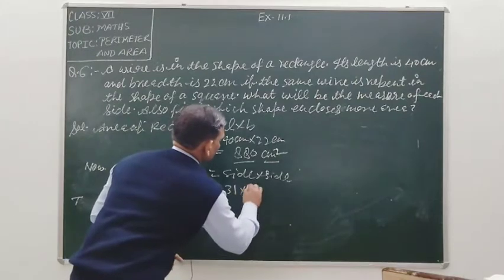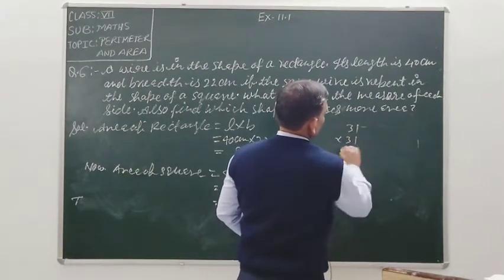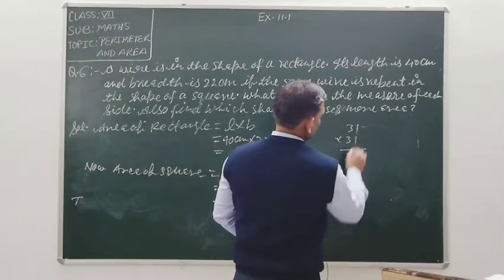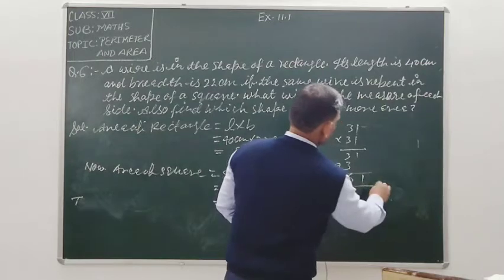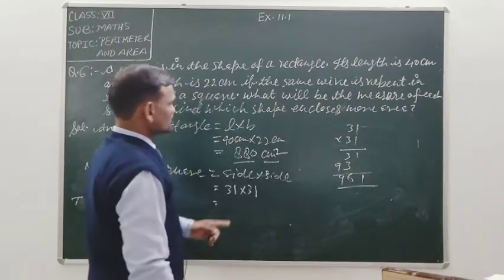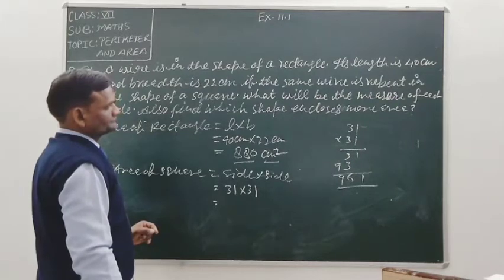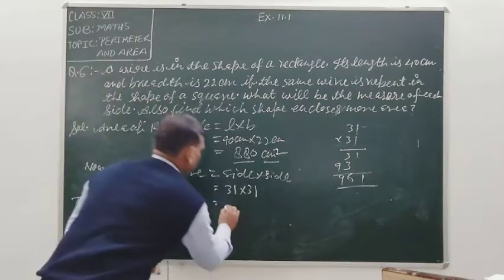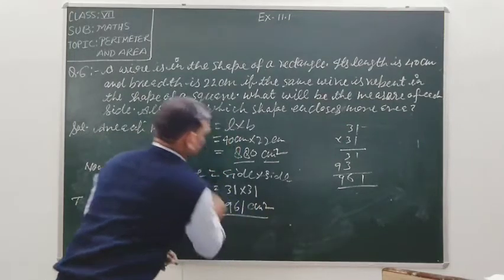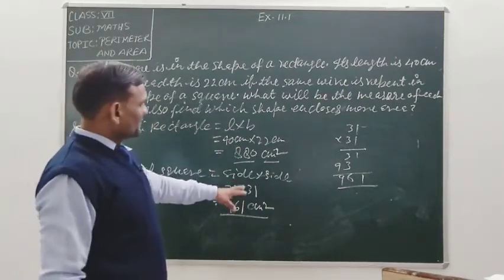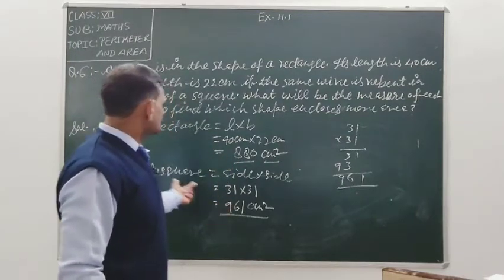So 31 into 31, and when you will multiply you will get 961 centimeter square.